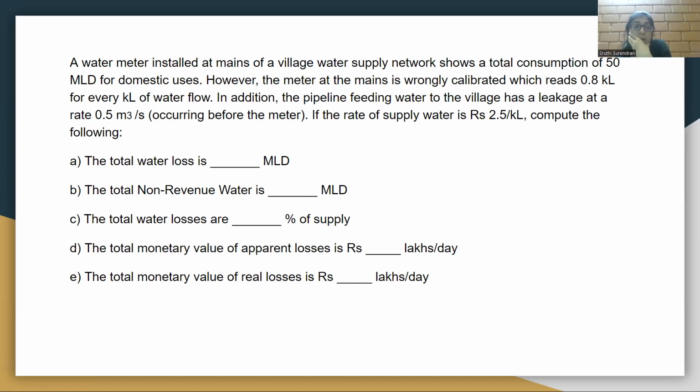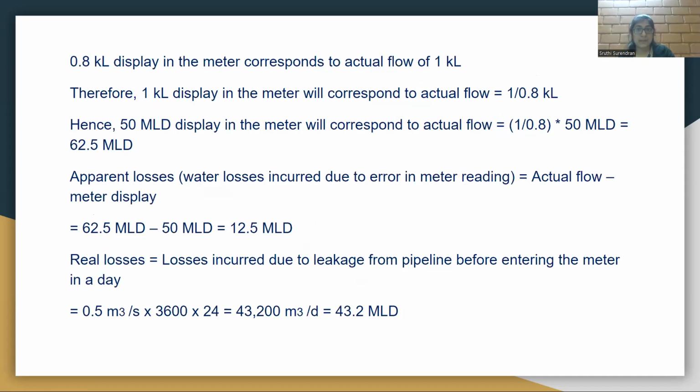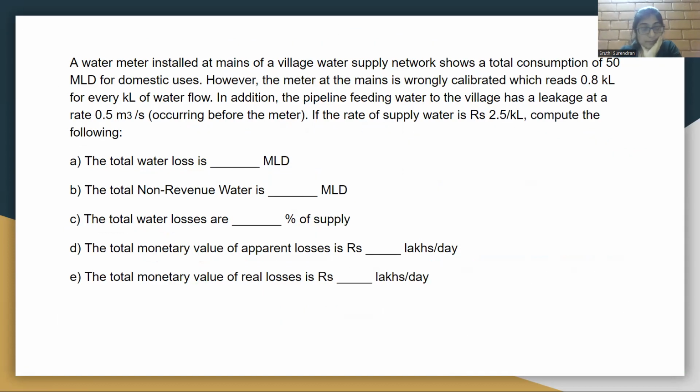If you multiply that, the apparent loss is 12.5. Yes, apparent loss is 12.5. You can find the real losses.